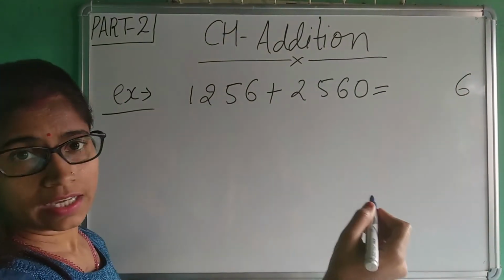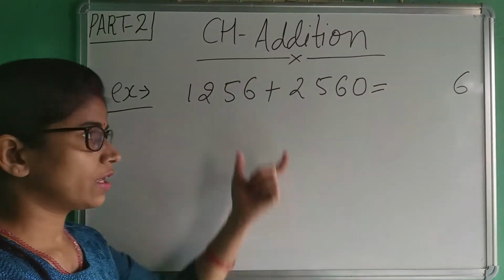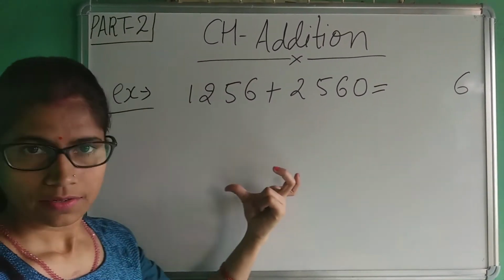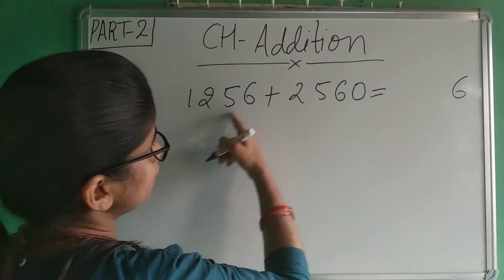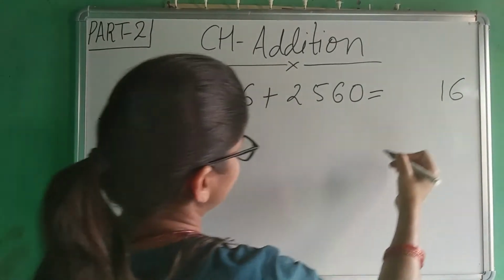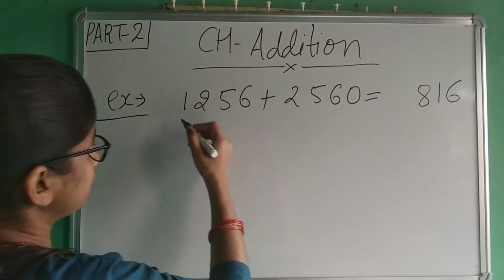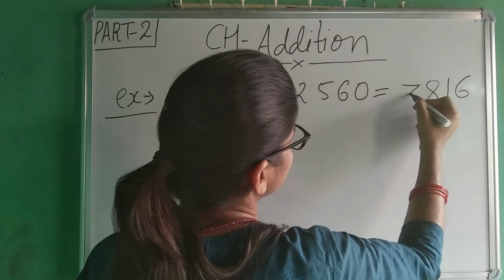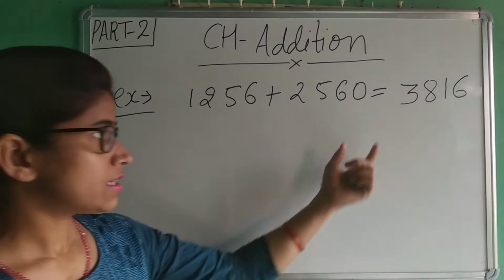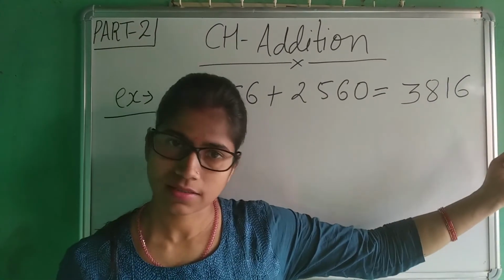I am adding directly. You can add by arranging in columns and then add, it is up to you. 5 plus 6, 11, carry 1. 5 plus 2, 7 plus 1, 8. And 2 plus 1, 3. Means we are getting the sum 3816.